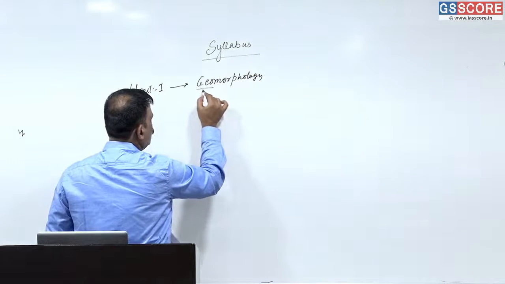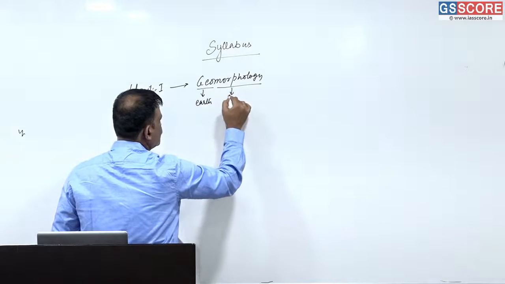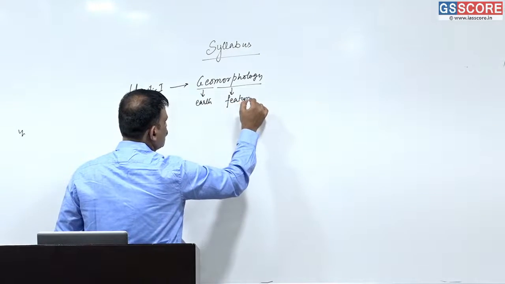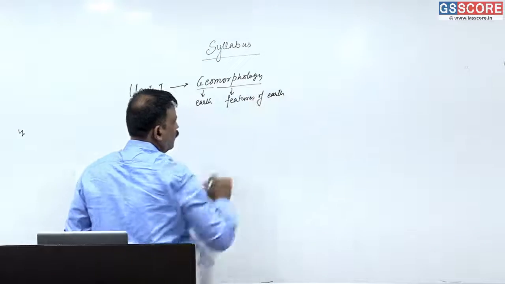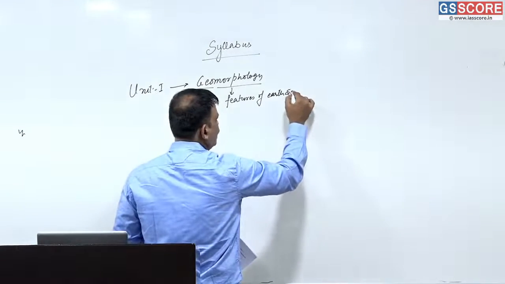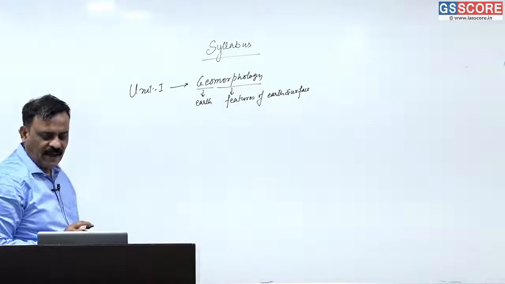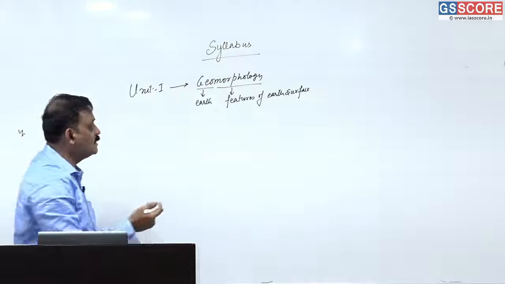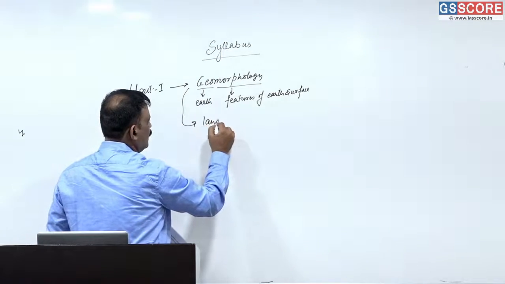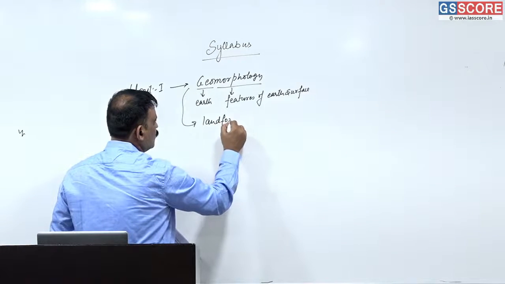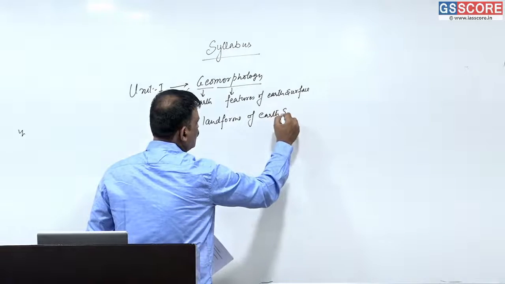Geo means earth, and morphology means features of earth, or you can call it features of the earth's surface. In geomorphology, you are more concerned about the landforms of the earth surface.